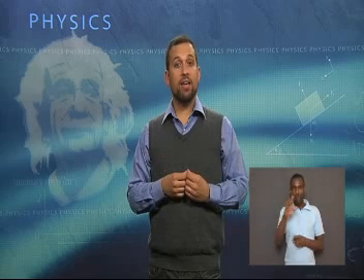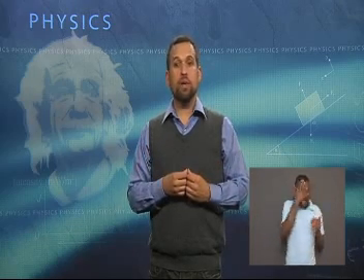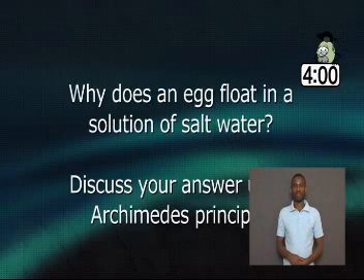Using what you have already learned about buoyancy and density, can you explain why the egg floats in one solution and not in another? Please take a few minutes to discuss your ideas. Students, let's get ready. Begin.